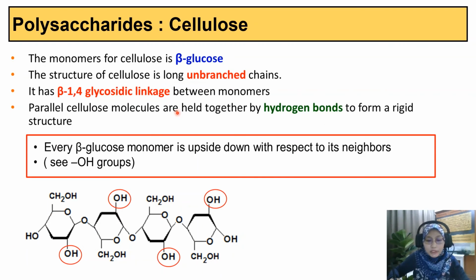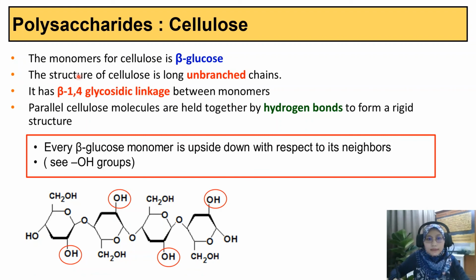Cellulose is the structural component of the plant cell wall and makes the cell wall very stable. The monomer of cellulose is beta-glucose. The structure of cellulose is long and unbranched chains. The bond between monomers in cellulose is beta-1,4 glycosidic linkage because the monomers used are beta-glucose.